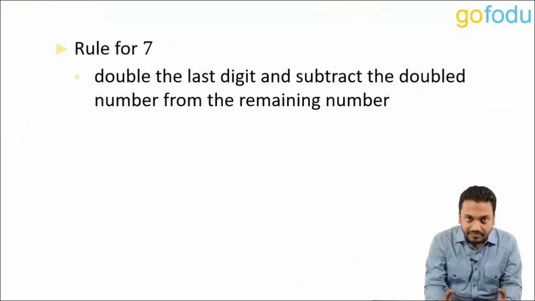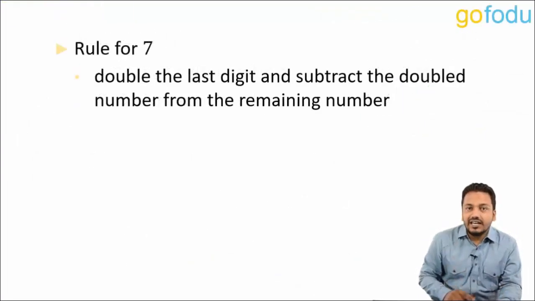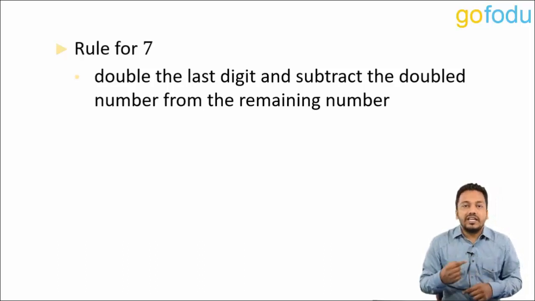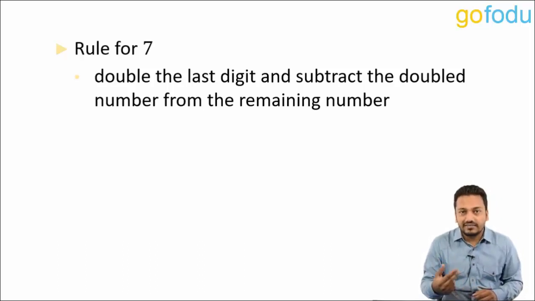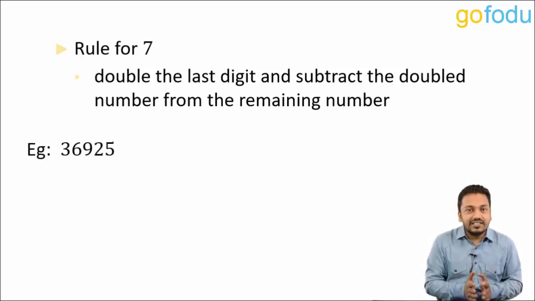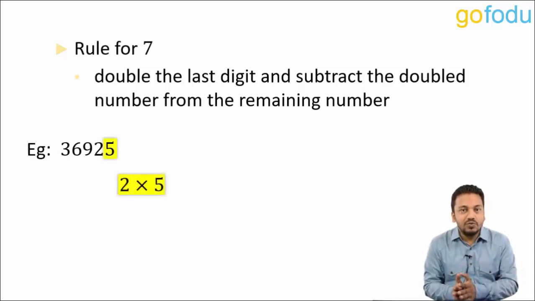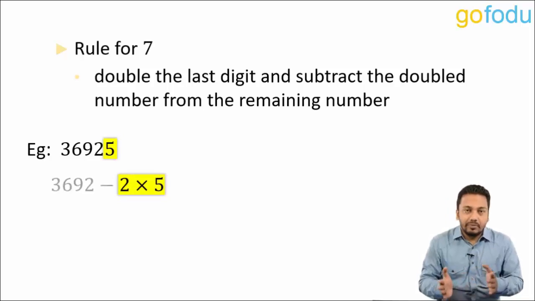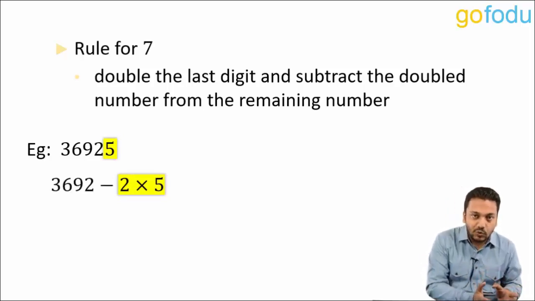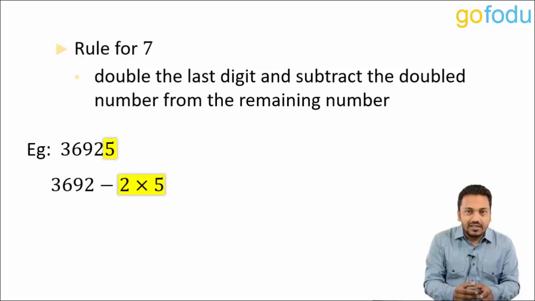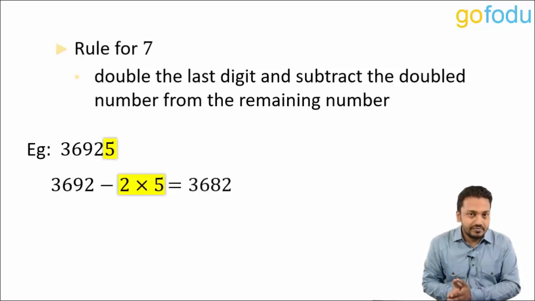Rule for 7. Double the last digit and subtract the doubled value from the remaining number. And keep on doing that. 36925. Double of last digit, that is 5 into 2 is 10. Now the remaining digits are 3692 minus 10 is 3682.